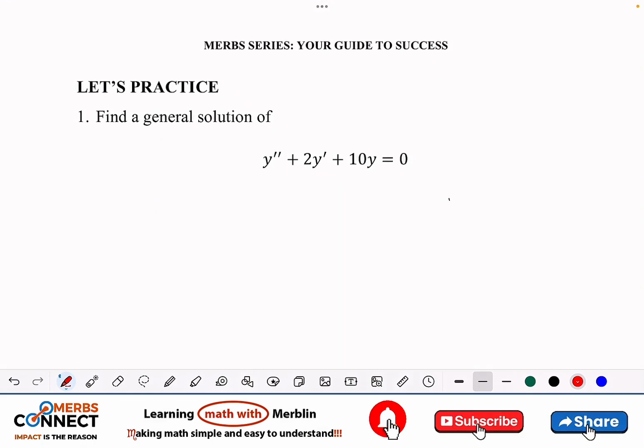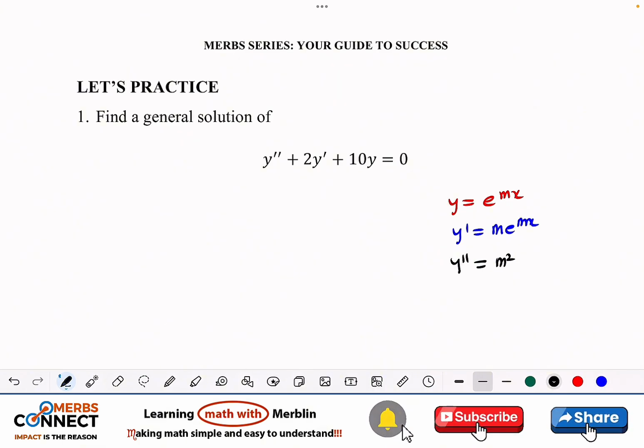Here we are going to let y be equal to e to the power mx, as we know, and then this is going to give us y prime is equal to m e to the power mx, and y double prime is going to give us m squared e to the power mx. Now let's do substitution.